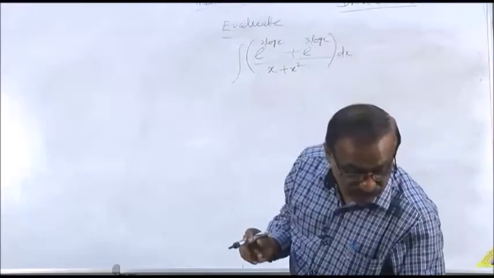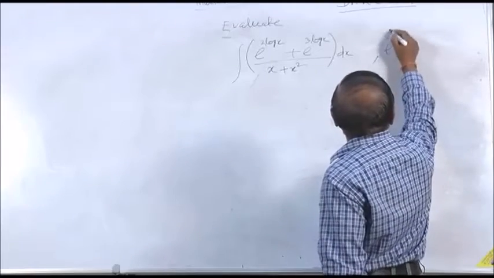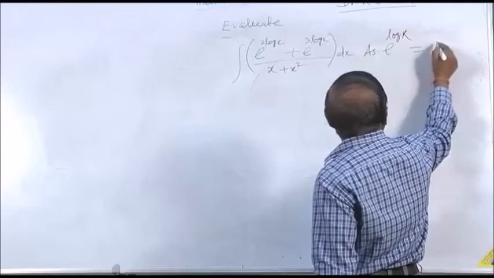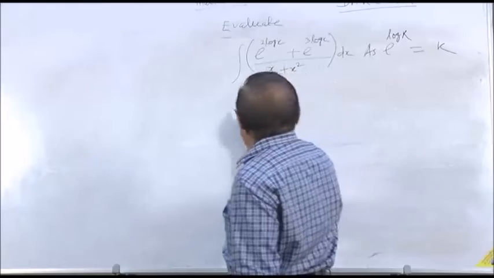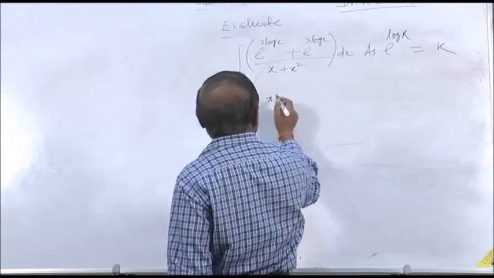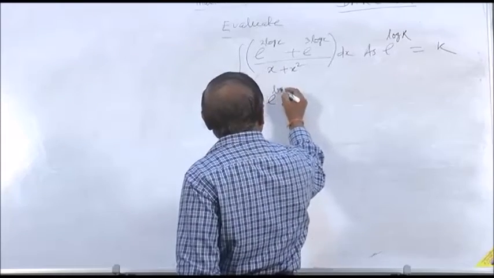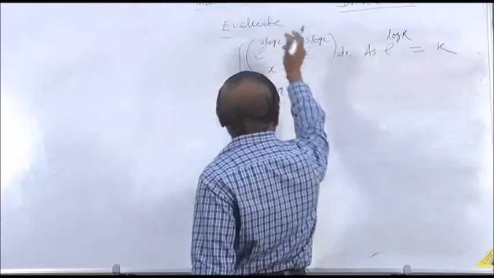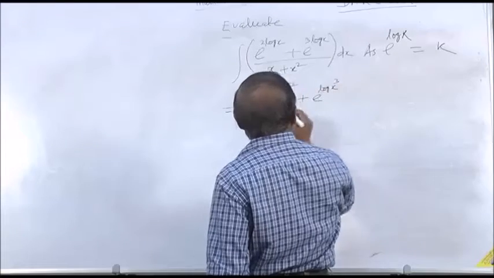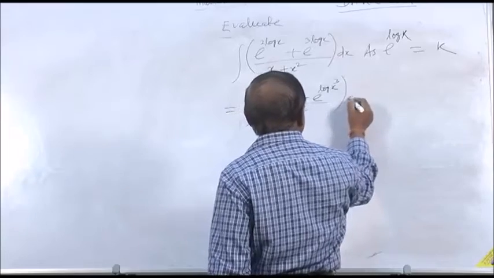This is the question given to us. Now we know the idea that e to the power log k is simply k. So this will be e to the power log x square, by the law of logarithm, plus e to the power log x to the power 3, by x plus x square dx.